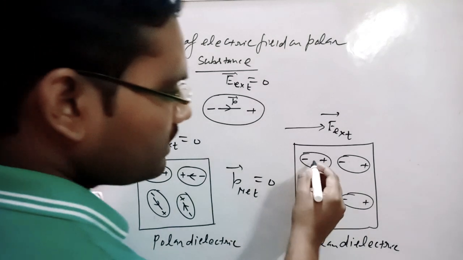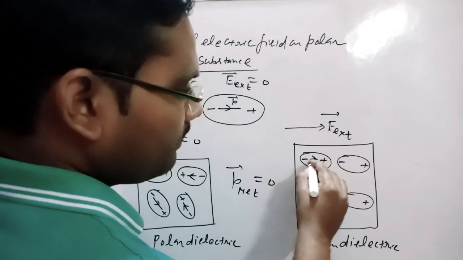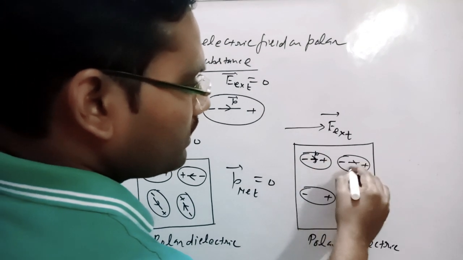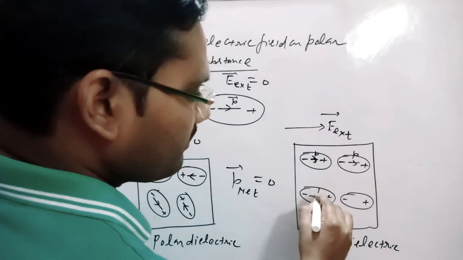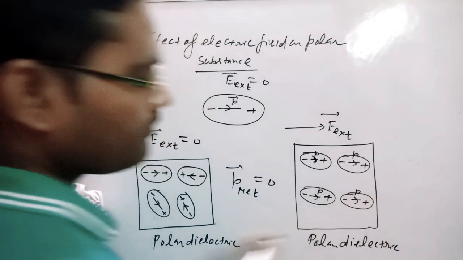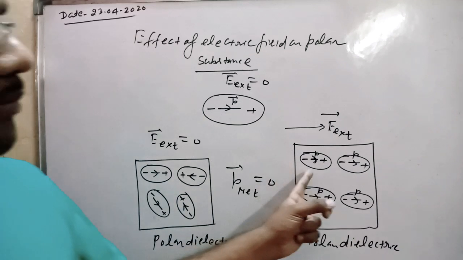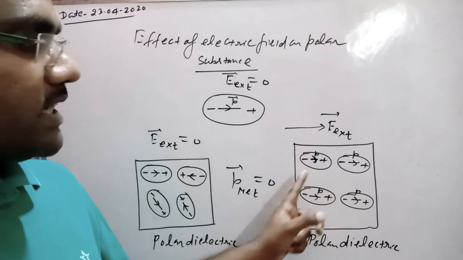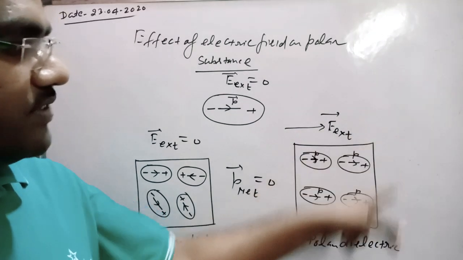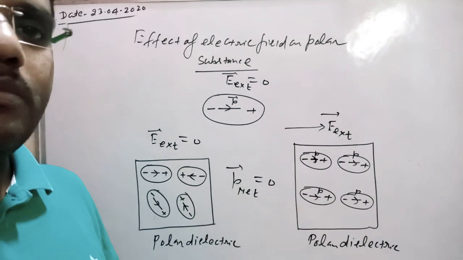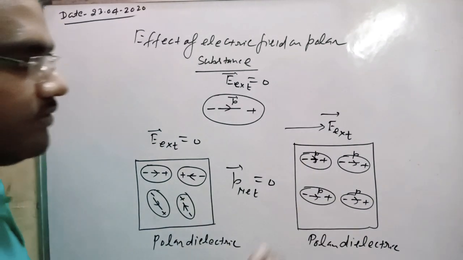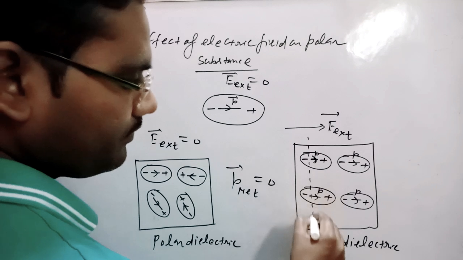Now here we see the direction of the dipole moment of all molecules in the direction of the field. That means all molecular dipoles come in the direction of the field. This phenomenon is called polarization of dielectrics. Now we take this one.